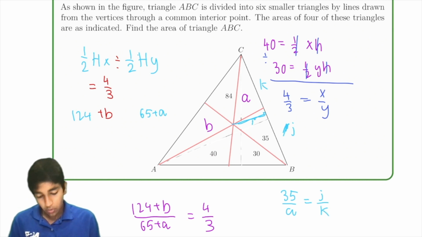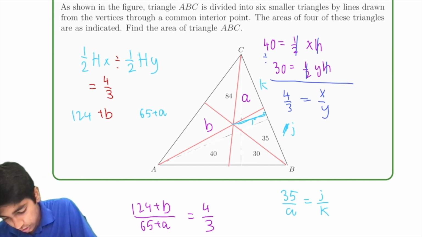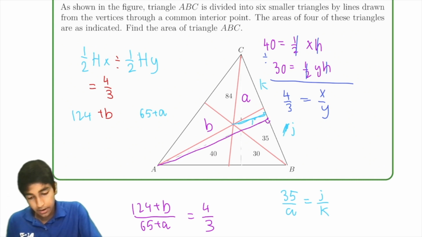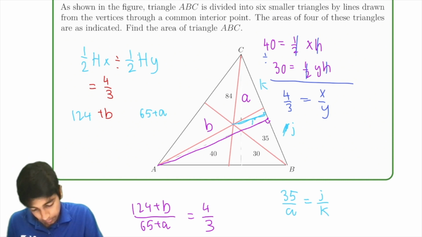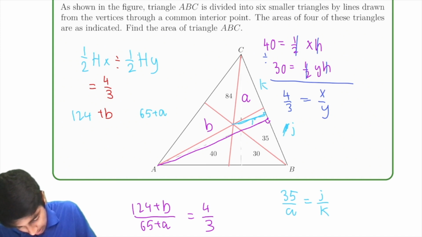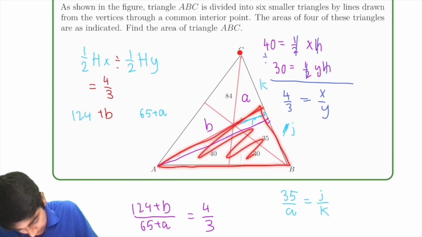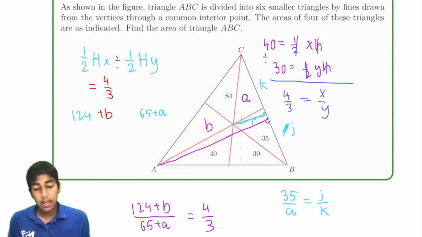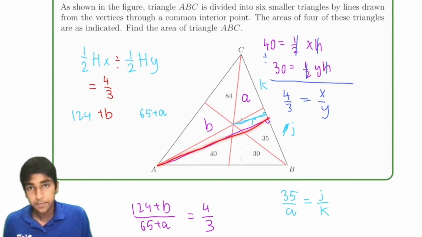So if that's equal to J over K, well, just like earlier, we can make another big altitude. Let's draw over there. The key thing here is that if we're looking at the ratio of this area to this area here, well, they also share an altitude, this big altitude here.